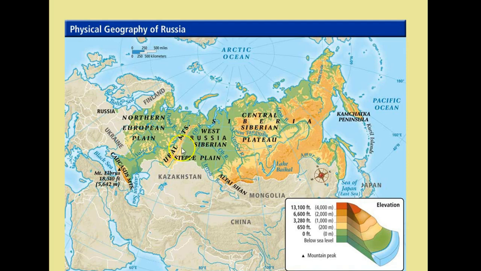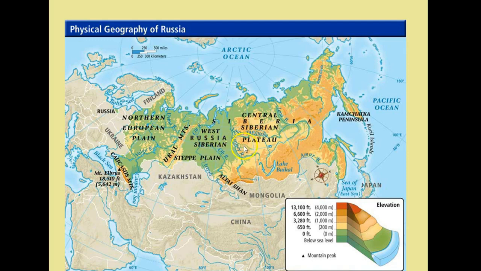We see the Ural Mountains producing an east-west trending barrier between the European-oriented part of Russia and the Asian part of Russia, and Siberia, of course, with its bitter cold climates. The Ural Mountains are a major reason, because the Urals block the mild temperatures that flow inland from Europe and create a barrier.